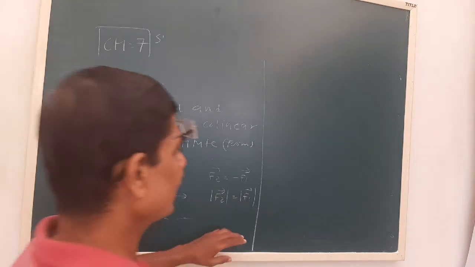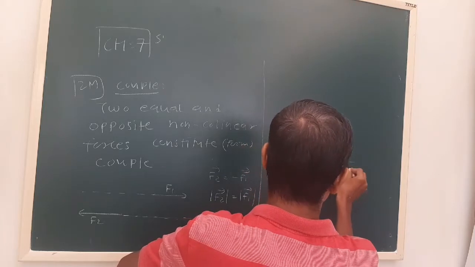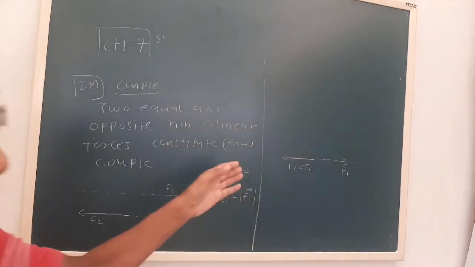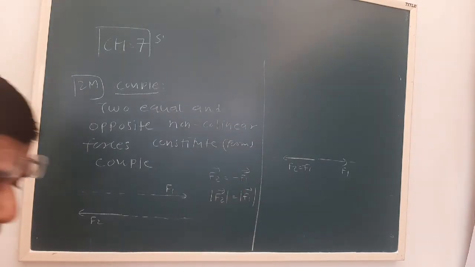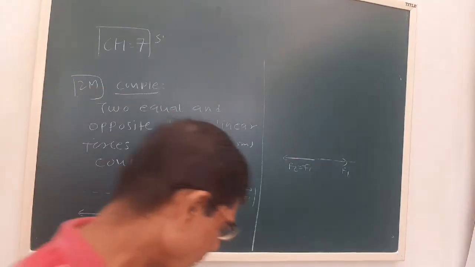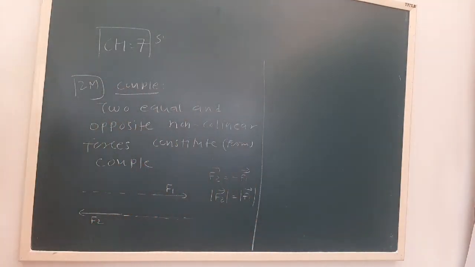Why? If they were collinear, like this F1 and F2, then the resultant of these forces would be zero and the body would remain in equilibrium, so it cannot produce a torque. So two equal and opposite non-collinear forces constitute a couple.